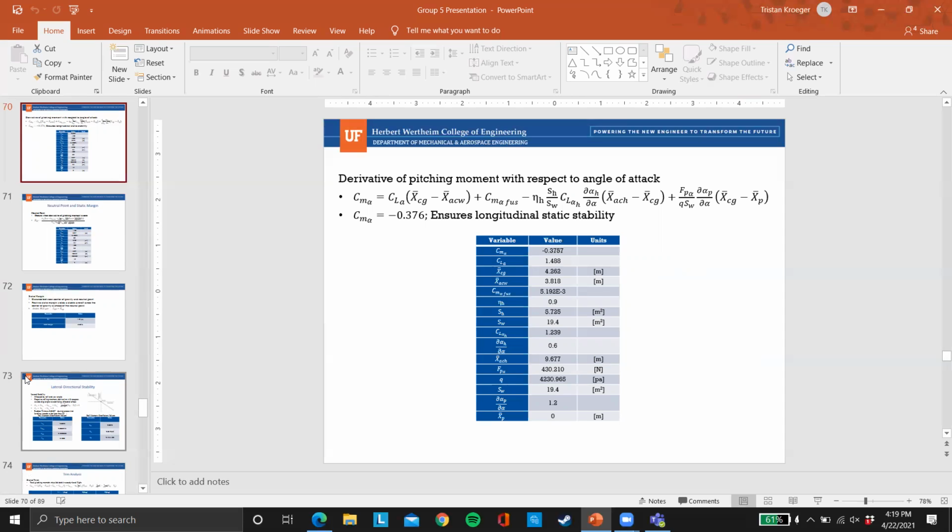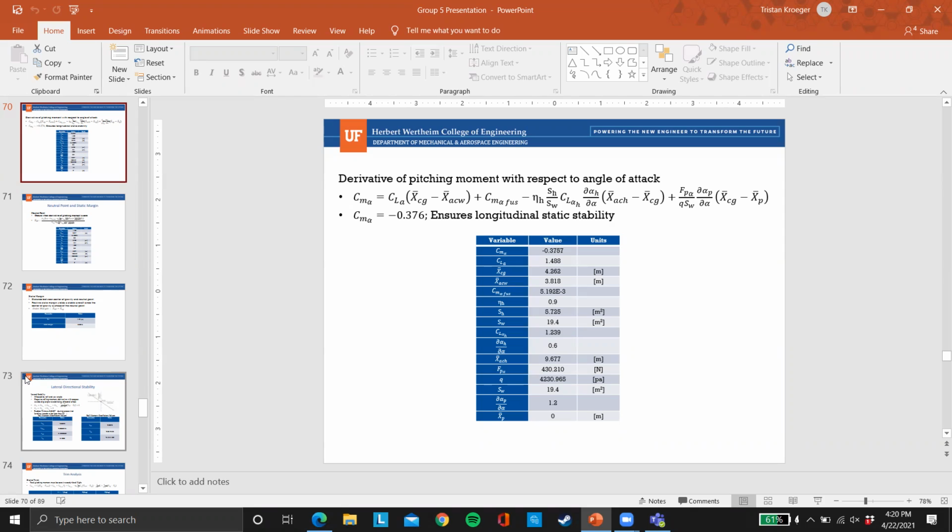You may need to double check that, because xCG means the actual distance. Let's say if you choose the nose as datum, it's the distance from the datum to the center of gravity. That is xCG. But when we put a bar there, it is the distance divided by the mean aerodynamic chord. You can check the textbook on that.